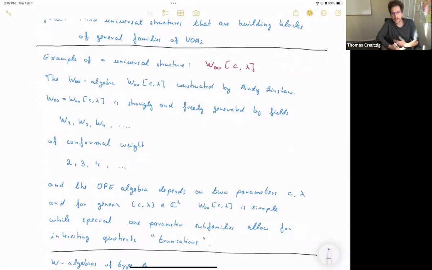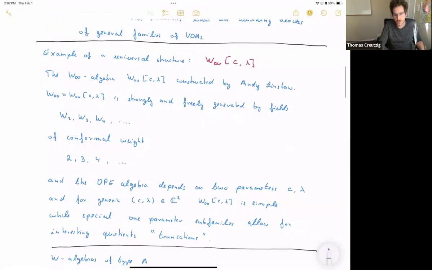And here in this two-parameter family, the situation is similar, but more interesting, of course. It's two parameters, so in particular, there are many, many interesting one-parameter subfamilies for which this W infinity is not simple, and so it allows for nice truncations, meaning nice simple quotients. For example, this W infinity has all the principal W algebras of type A as such one-parameter quotients.